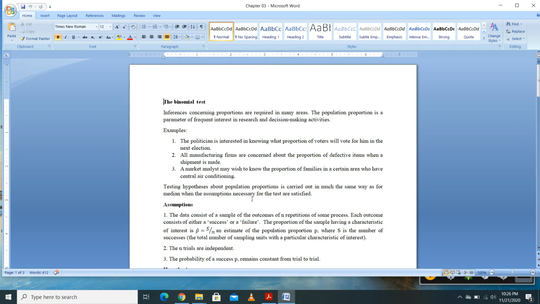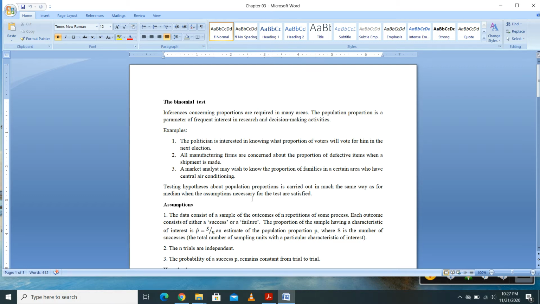There are so many cases where we are interested in the population proportion, where we take the population proportion as a parameter. For example, you may be interested in knowing what proportion of voters will vote for a particular candidate in a given election.